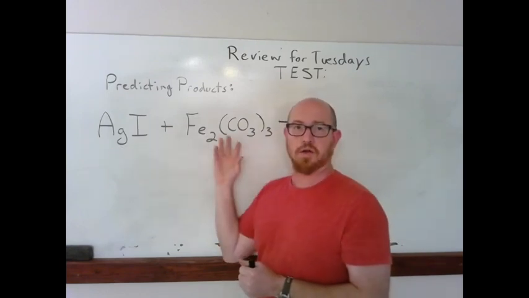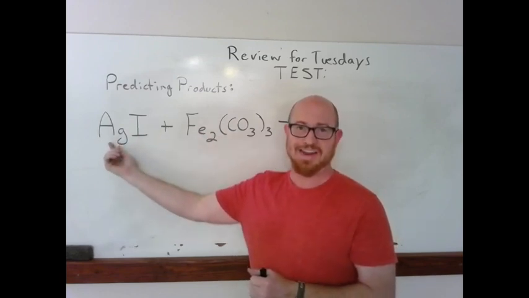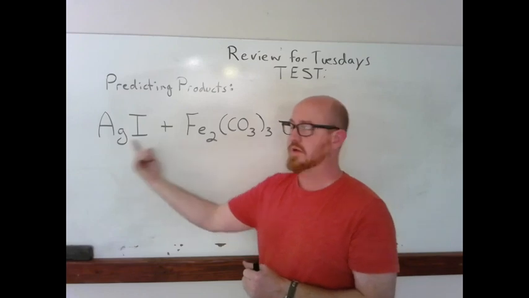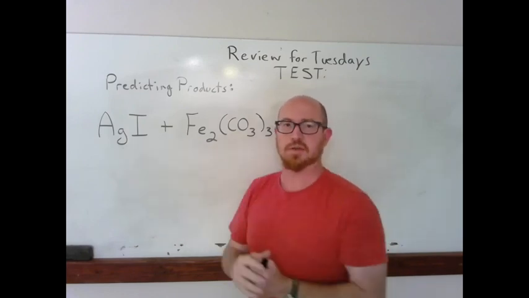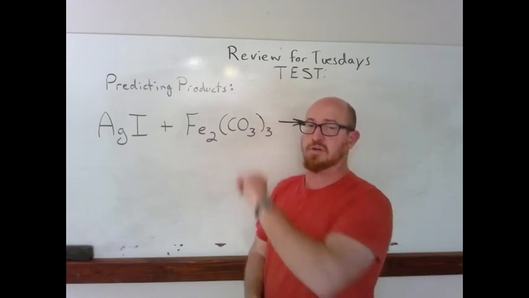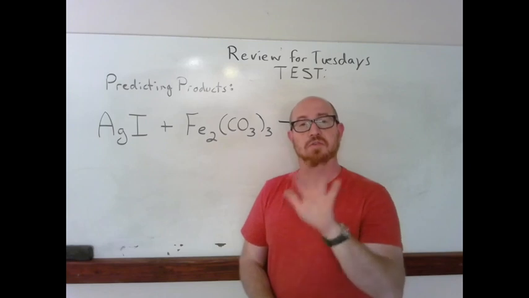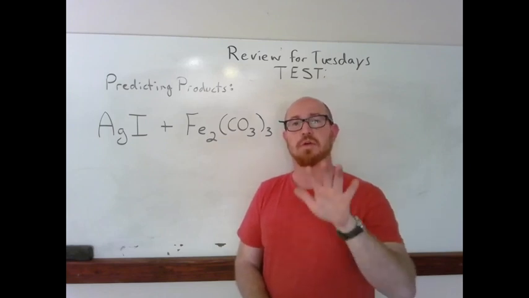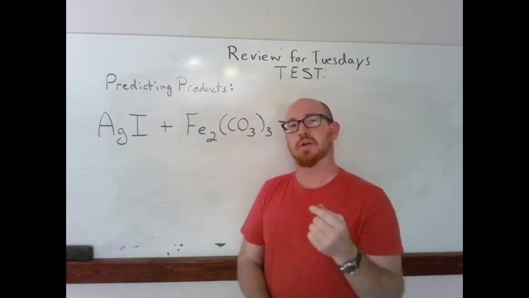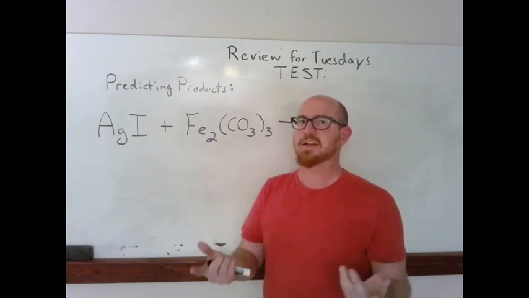These are two compounds. The positive cations, the metals, are going to switch places. Now, the thing you need to pay attention to the most for predicting the products is the charges of everything going on here. If you've got your periodic table with you, you'll remember that silver is one of those that, when we were writing ionic compounds, didn't need a Roman numeral.